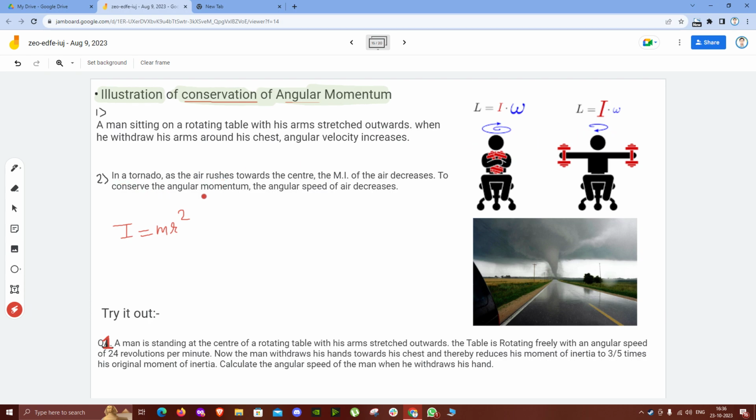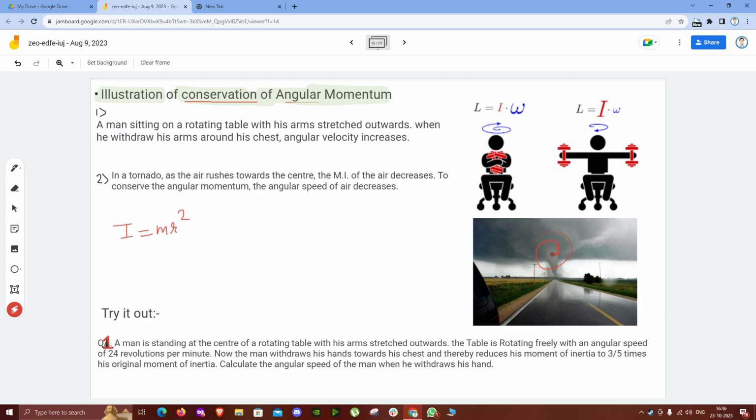Let me take another example here. Let's see what happens in a tornado. The further you are away from the tornado, the safer you are. That's a very obvious thing to say. And what happens in the case of tornadoes or cyclones is that when the air is rushing inside towards the tornado, the moment of inertia decreases.